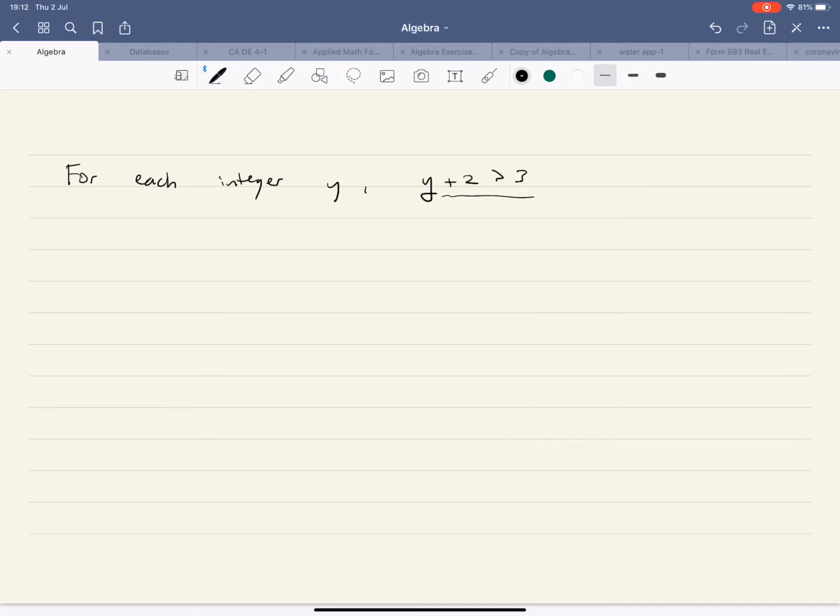We can plug in our trusty 0 here. y equals 0 is going to give us 0 plus 2. And I'm putting the question mark here to say I'm evaluating the truth of this. Well, that means, 2 greater than 3, question mark, and no, it's not.